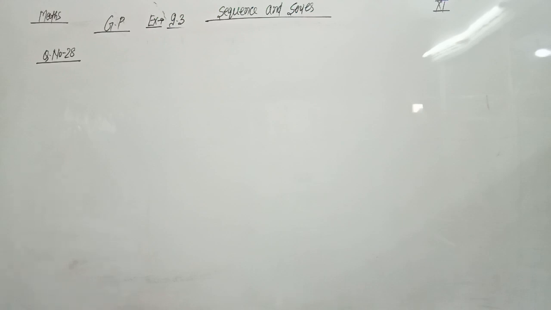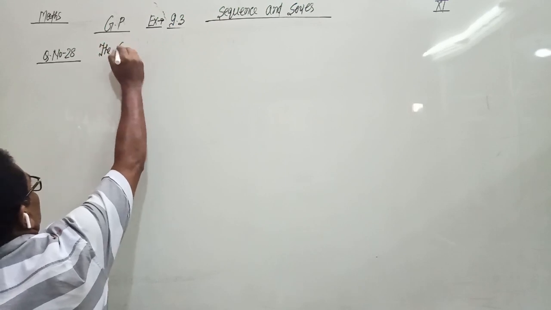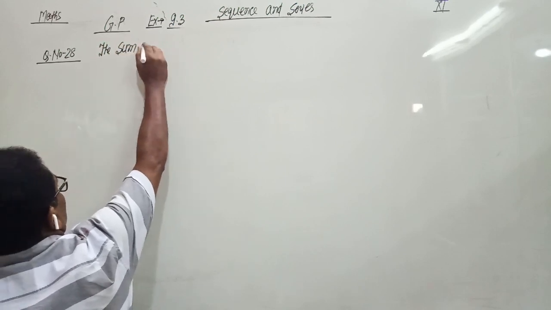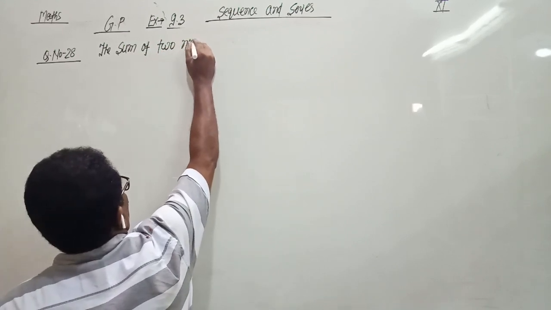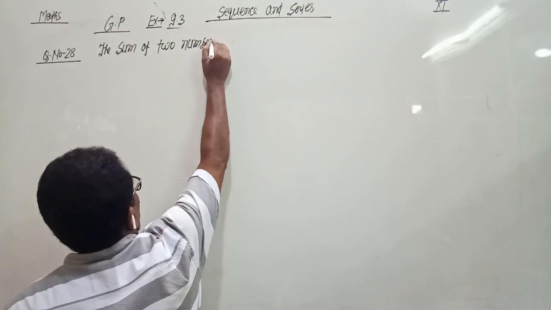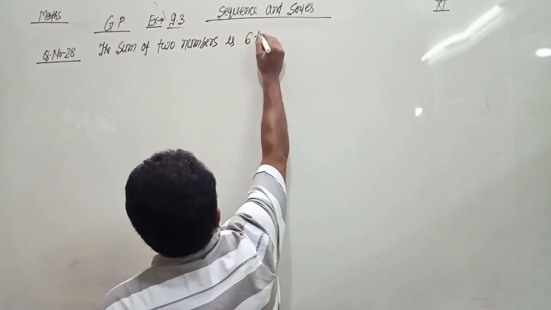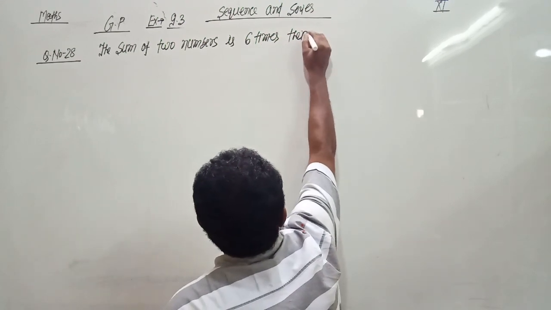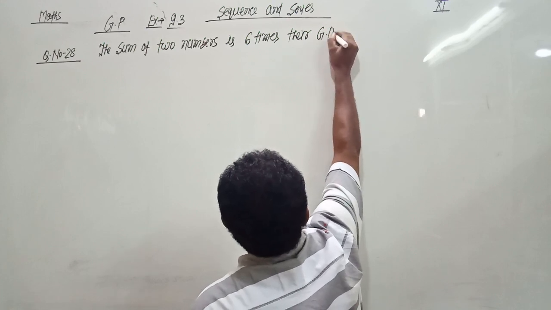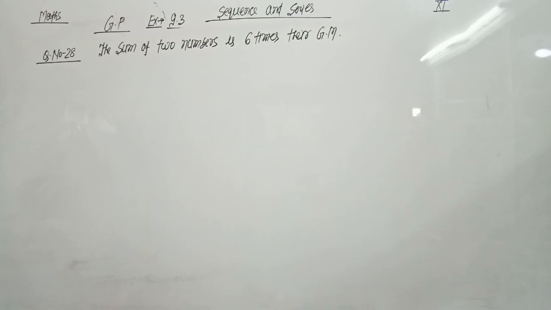The sum of two numbers is 6 times their geometric mean.